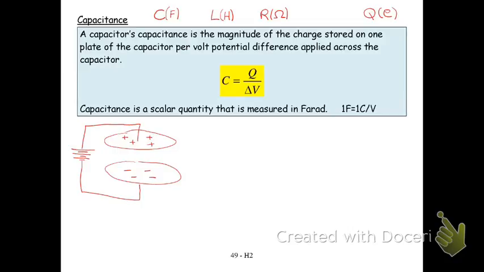We can think of a capacitor as being a high-pass filter. If you have a rapidly changing signal, it lets it through. If you have a DC signal, it stops it.